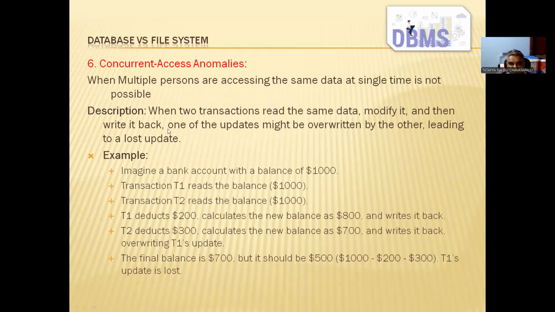When two transactions read the same data, modify it and then write it back, one of the updates might be overwritten by the other, leading to a lost update. For example, imagine a bank account has 1000 rupees.